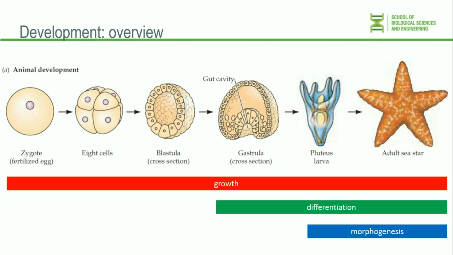Now, the zygote is the fertilized egg, and it will start to divide. We're going to talk about this in much more detail next lecture. It divides to become a little ball of cells, and eventually it becomes a hollow ball of cells called the blastula. But then things change. After the blastula stage, we get an embryonic form called the gastrula.